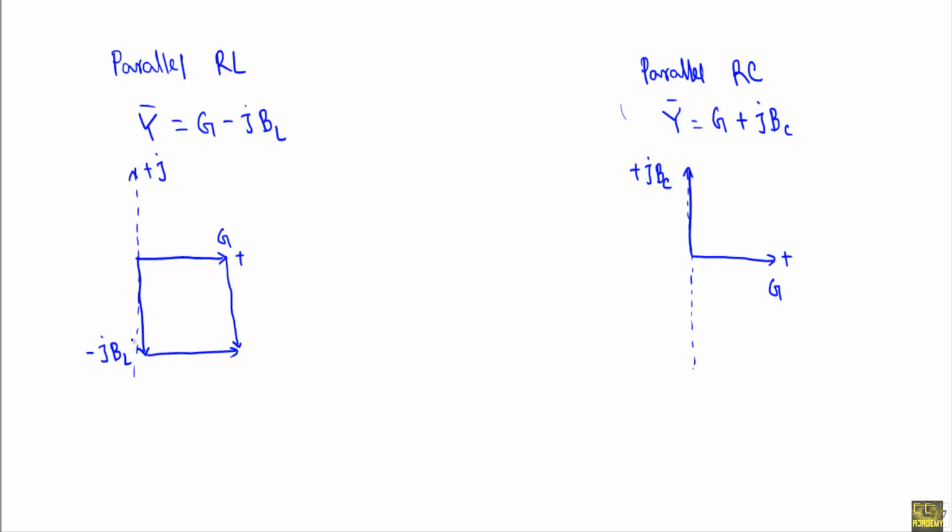This one will be the equal vector of minus jBL, and this one will be the equal vector of G. If I go directly from this point to this point, I will get the diagonal of this parallelogram, and that diagonal will indicate the admittance Y. If I go from this point to this point, then this point to this point, that will be G minus jBL according to vector addition.